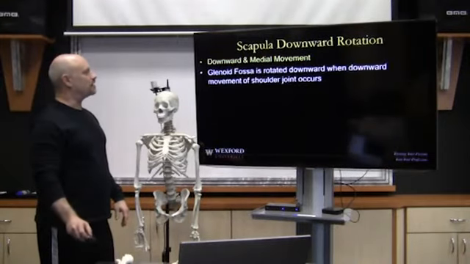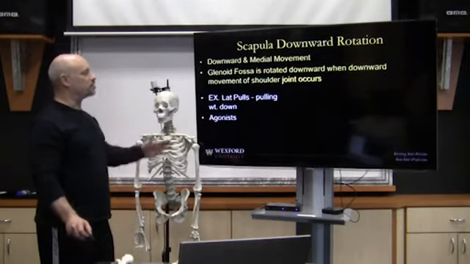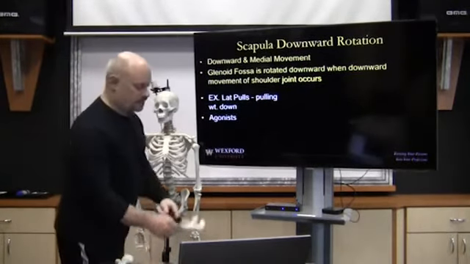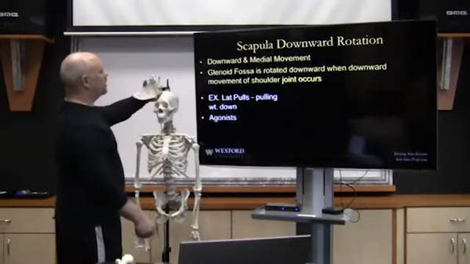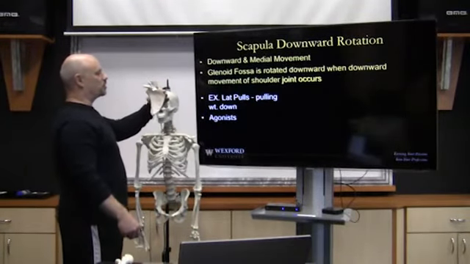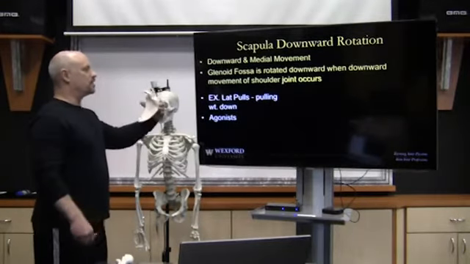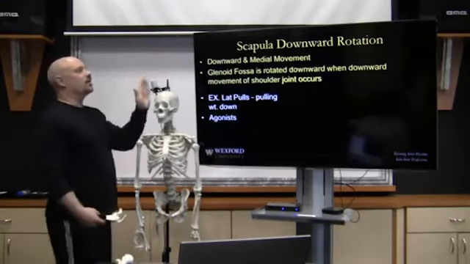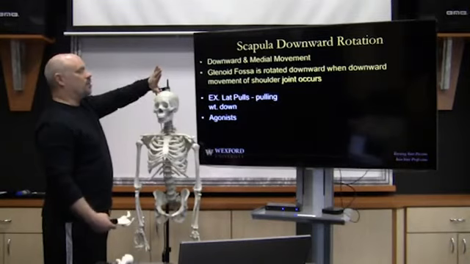Now, downward rotation is downward and medial movement. The glenoid fossa is rotated downward. As we said before, if it's rotated up, what happens is, when you're overhead, you've got the upward rotation.